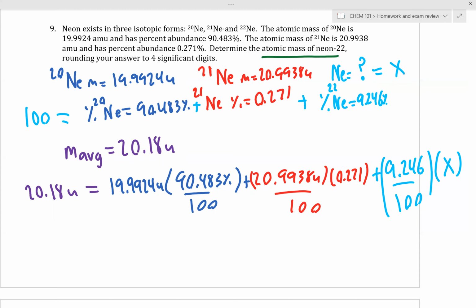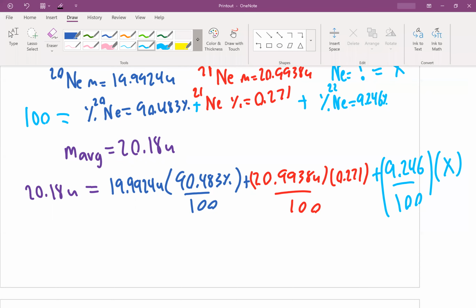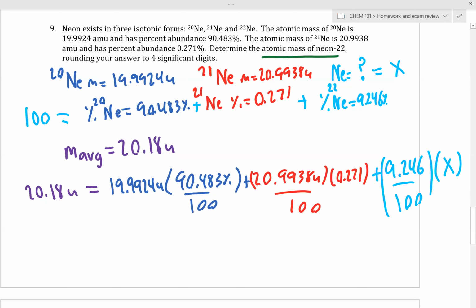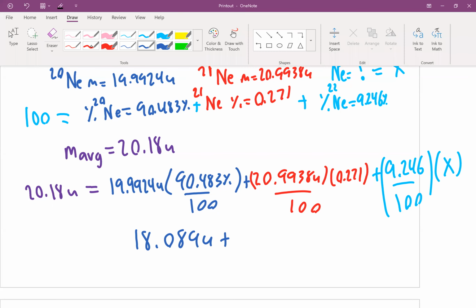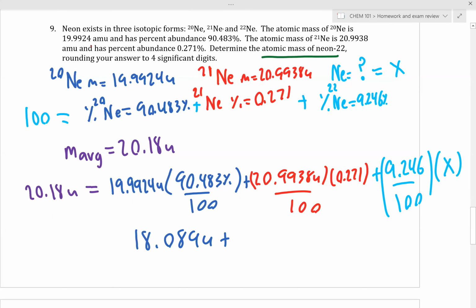So let's process the expression in blue. We're going to hit 19.9924 times 90.483 divided by 100. And that in turn gives us 18.089 AMU.